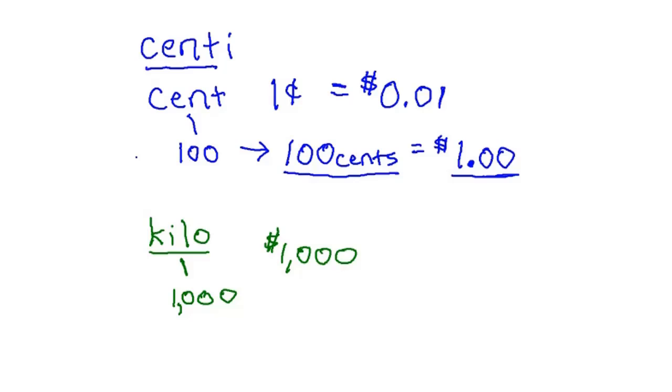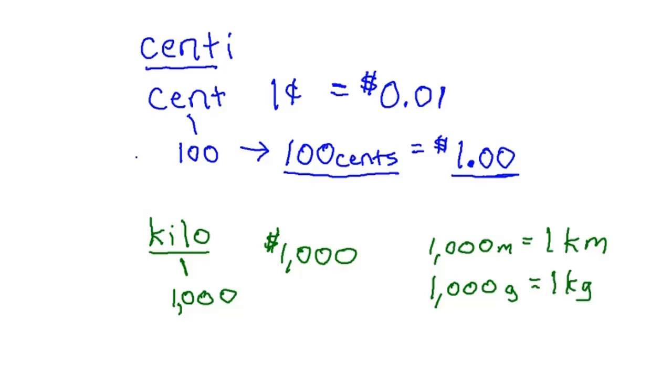So if you have 1,000 meters, that equals 1 kilometer. If you have 1,000 grams, that's going to equal 1 kilogram. Now, of course, if you have 100 centimeters, that's going to equal 1 meter.